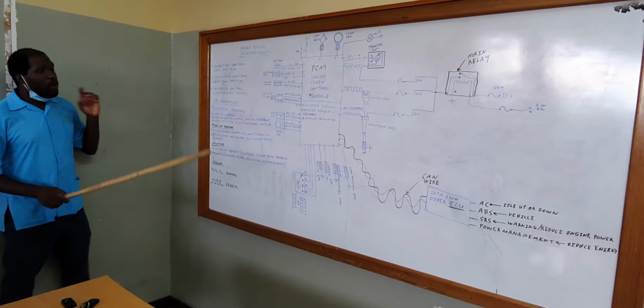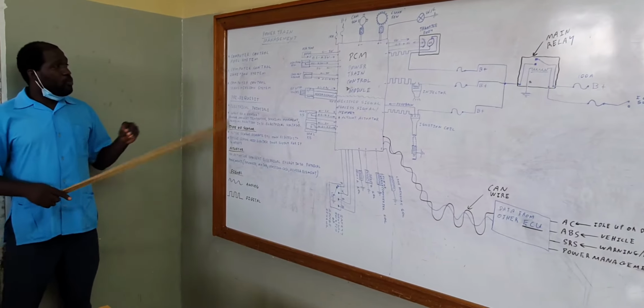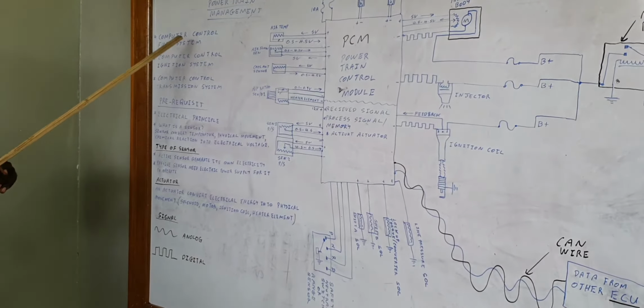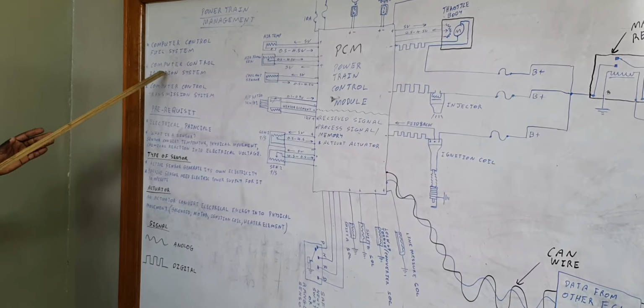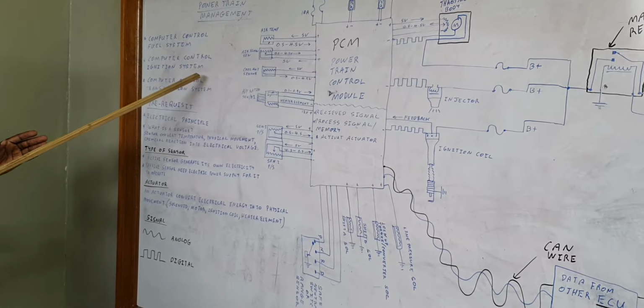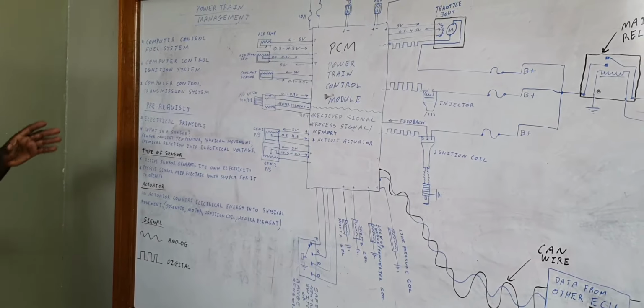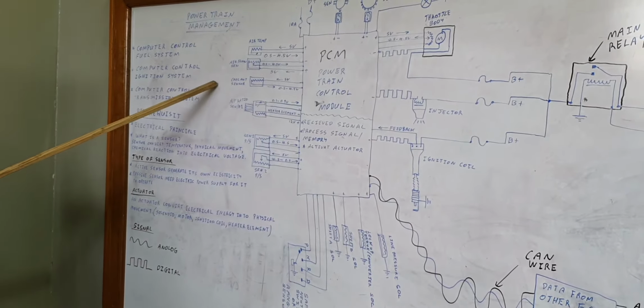So, powertrain management, we're talking about engine and transmission. But powertrain management never came about just like that. First, we have computer control fuel system, we have computer control ignition system, and we have computer control transmission system. And when we merge all of these systems together, we get powertrain management.